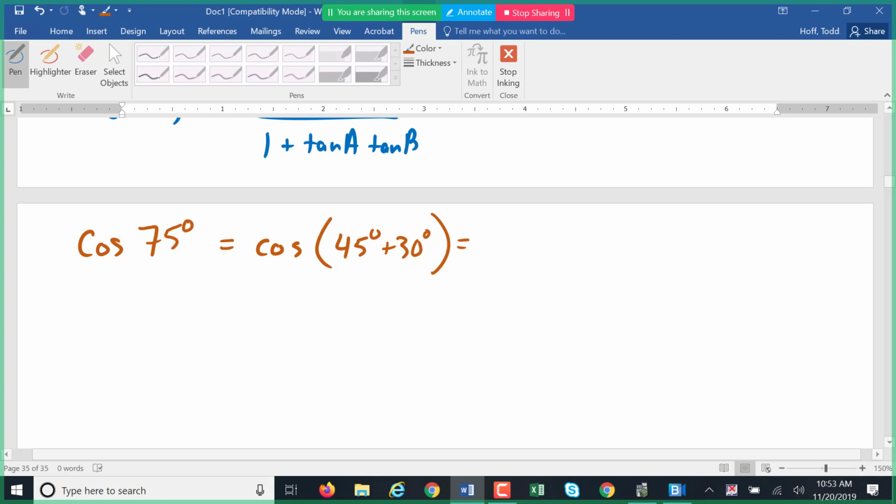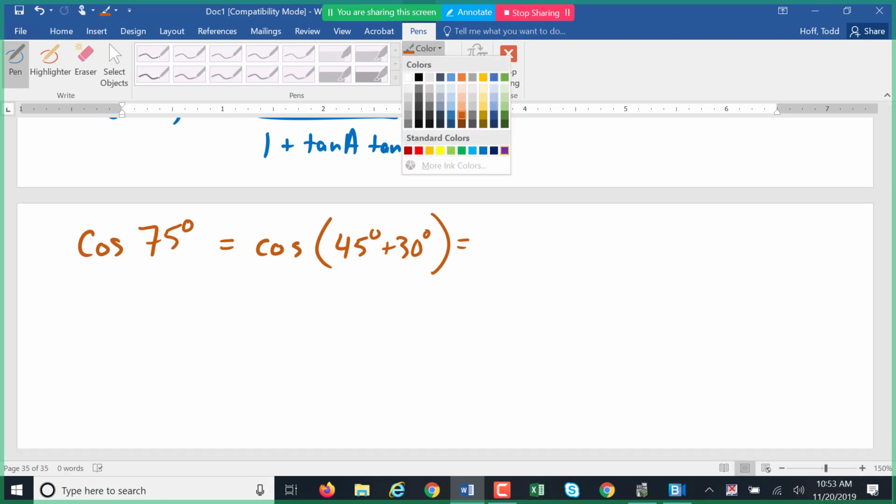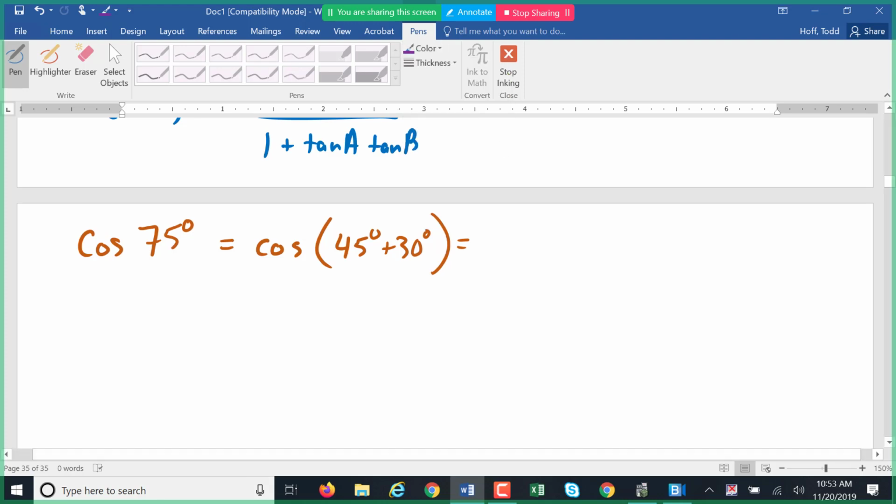So that means angle sum, I should say. So that means I'm going to use the cosine of A plus B, which is the cosine of A times the cosine of B, so the cosine of 45 times the cosine of 30, minus the sine of A, so the sine of 45, times the sine of B, so the sine of 30.